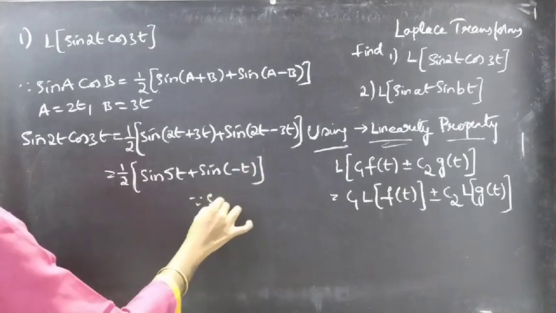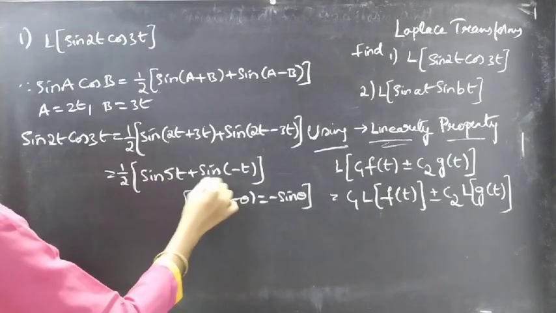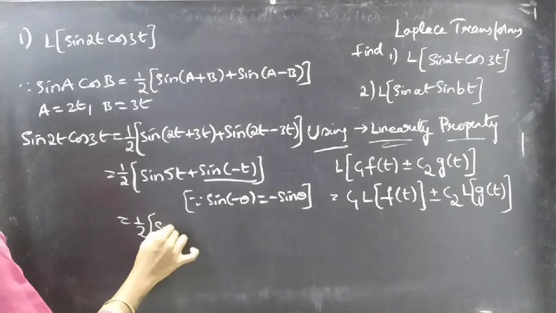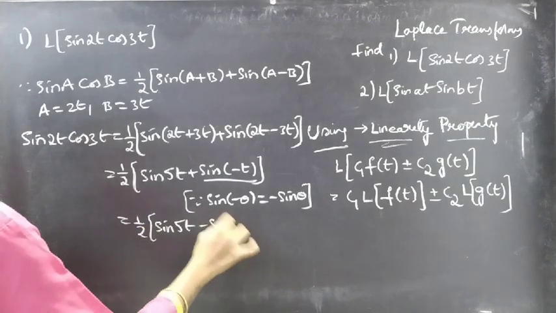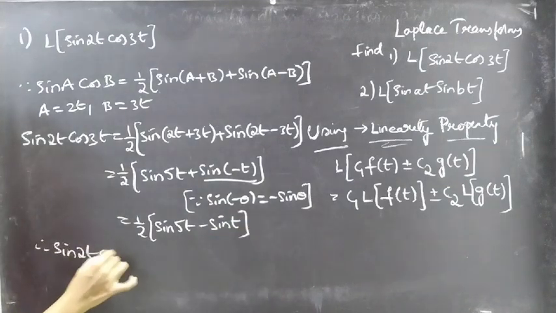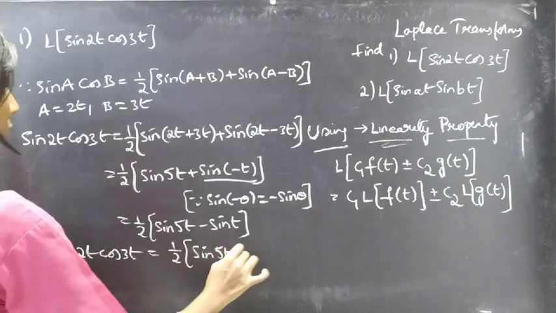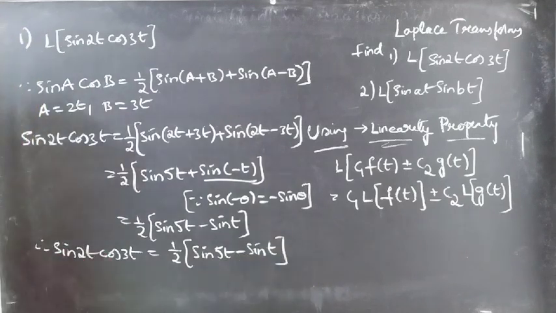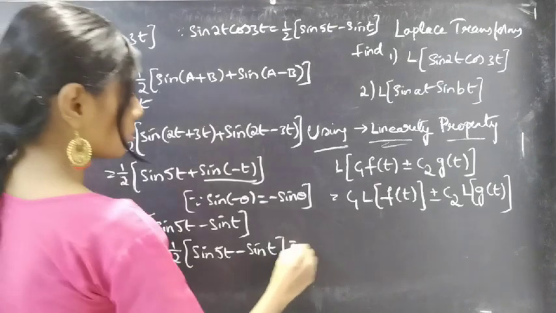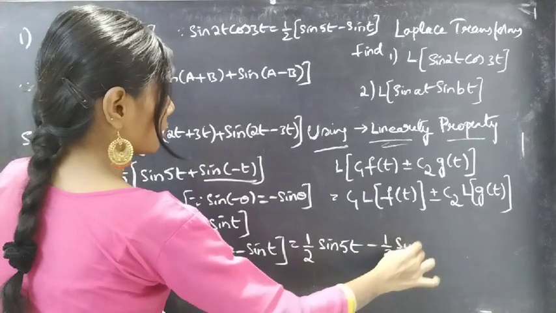Since we know that sin of minus theta is minus sin theta, sin minus t becomes minus sin t. Therefore, sin 2t cos 3t is 1 by 2 of sin 5t minus sin t, or we can write this as 1 by 2 sin 5t minus 1 by 2 sin t.